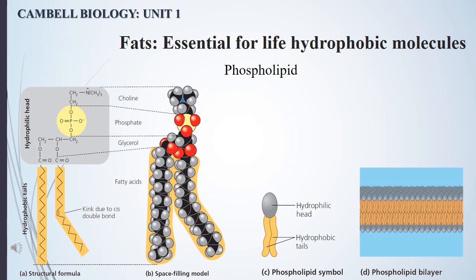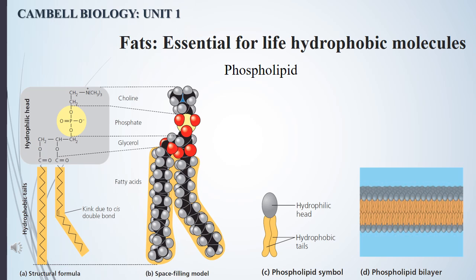So if we have a mixture, a solution of phospholipids, and we pour that solution over a body of water, into a glass of water, we will have an orderly arrangement of phospholipids facing the water with their hydrophilic head and having the hydrophobic tail sticking out. That would create a phospholipid monolayer.